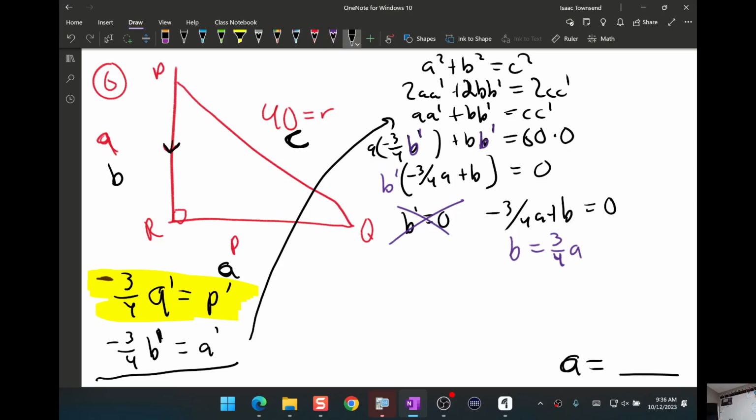But if I reset one more time and say, let me look at Pythagorean theorem again, but instead of saying B, I'm going to say 3/4 of an A, because I now know this relationship.